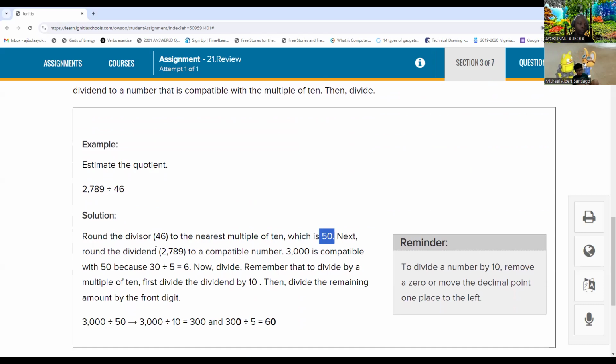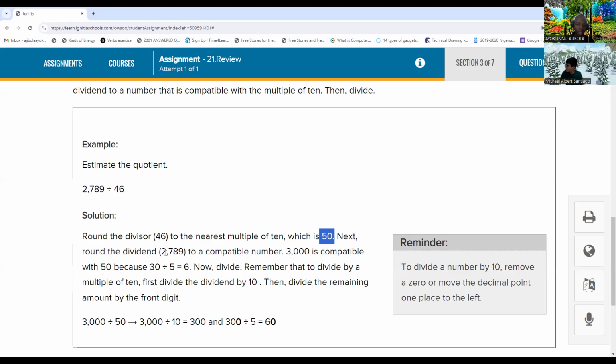Then 2,789 to a number that is compatible with multiples of 10, we could say 2,790, but 3,000 is compatible with 50 because the 90 there will not make it compatible with 50. Is that clear? Yes. Good. So 3,000 is compatible with 50.